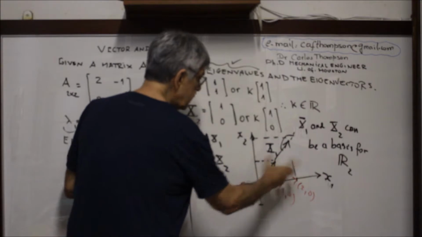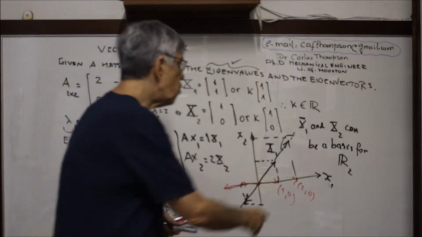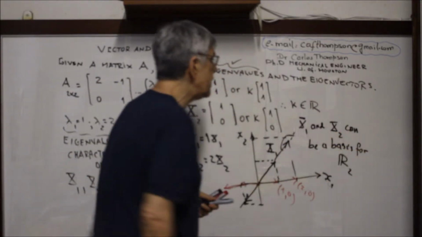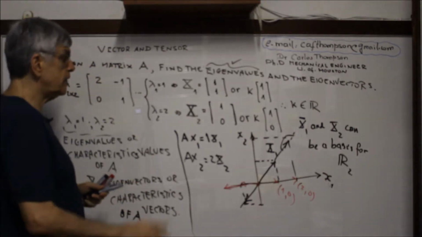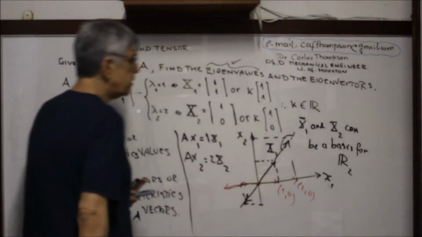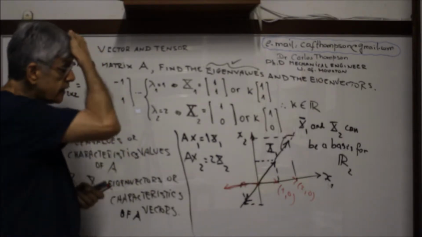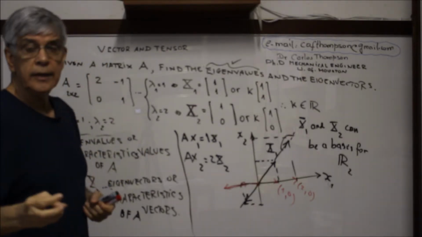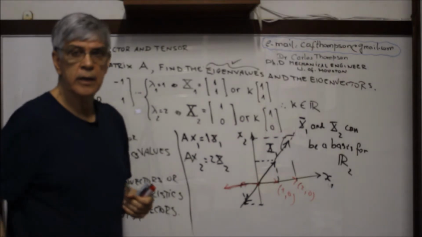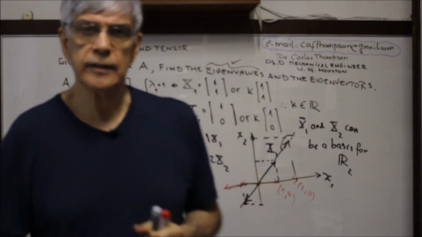So this is x1, this is x2, so they form a basis for R2. They span the space R2. Now let's see the third property of similar matrices.